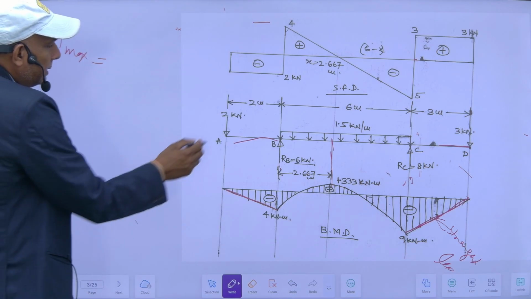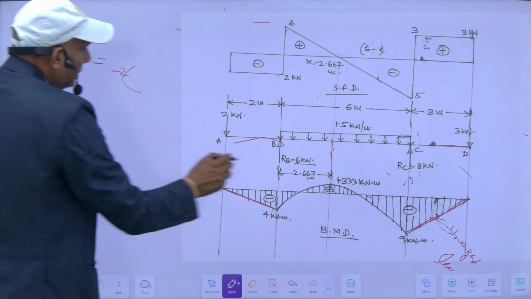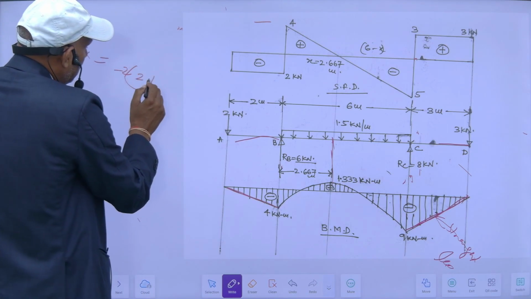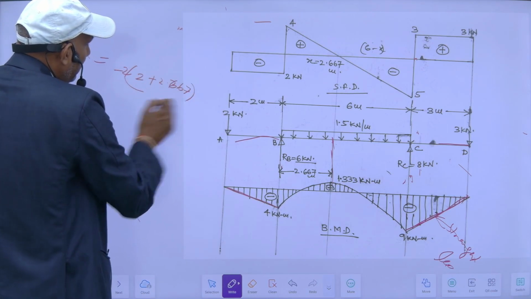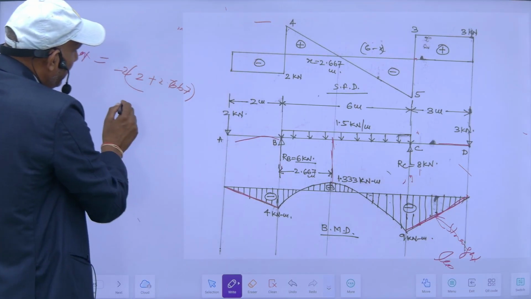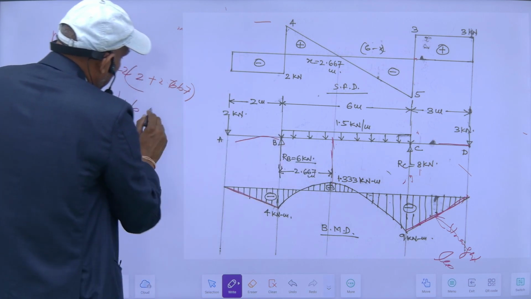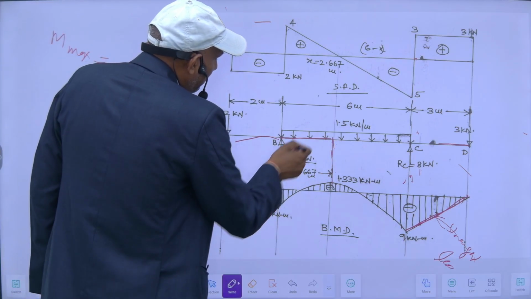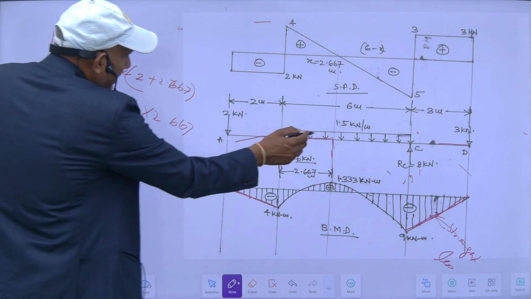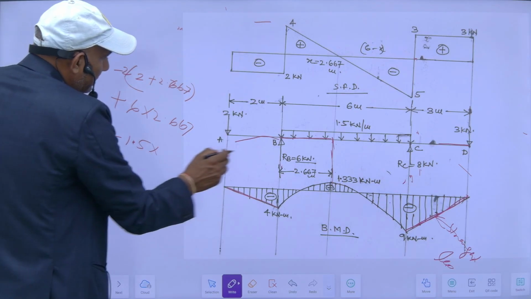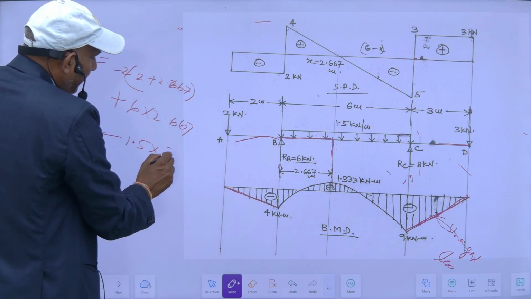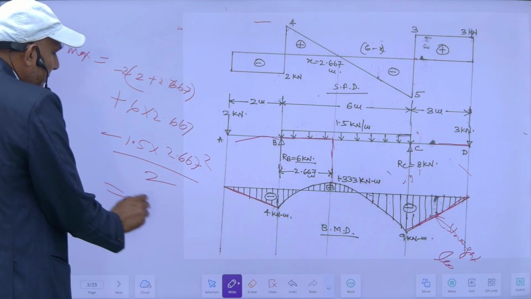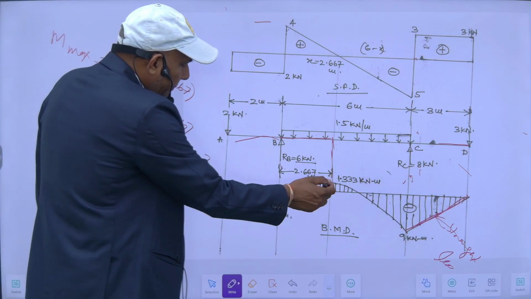It will be hogging, 2 into this much distance, which will be equal to this 2 plus this 2 plus 2.667, and this will create a sagging moment, plus 6 into this much distance, and again due to this UDL it will be hogging. So it will be minus, intensity is 1.5 into this distance, 2.66 square by 2.